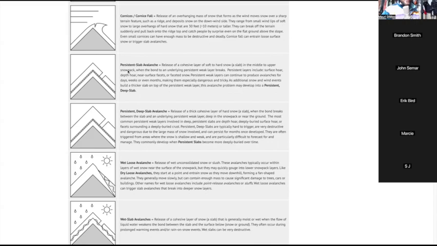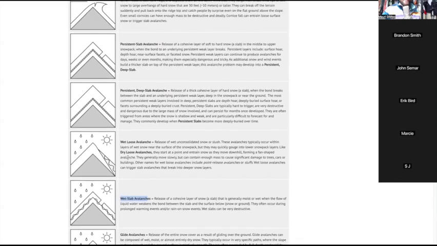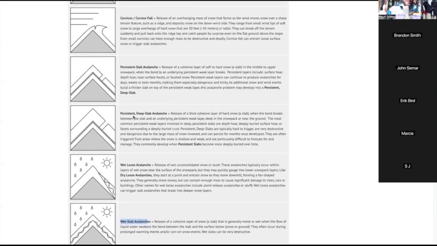Now we're going to get to a few of our bigger problem avalanche types. So we have our persistent slab, our deep persistent slab, and our wet slab. And then towards the bottom, glide. If you see persistent slab, deep persistent slab, glide, or wet slab, those are all problems that you want to be very much on edge about.